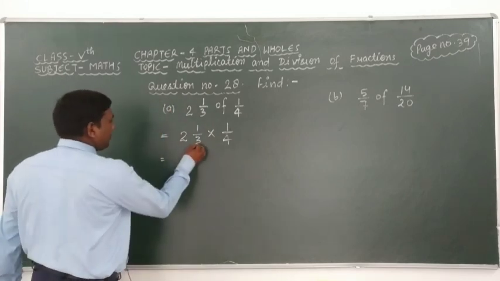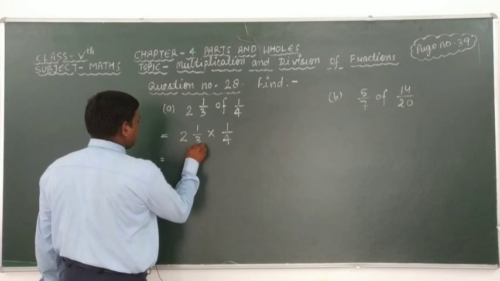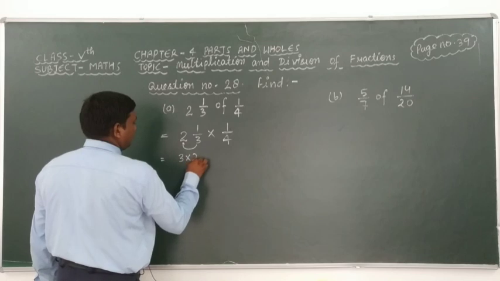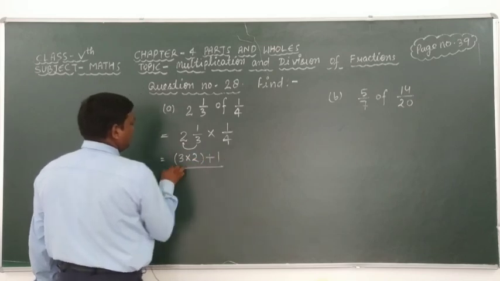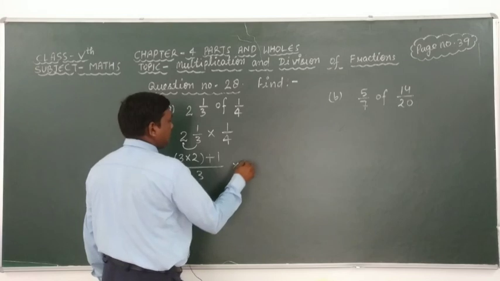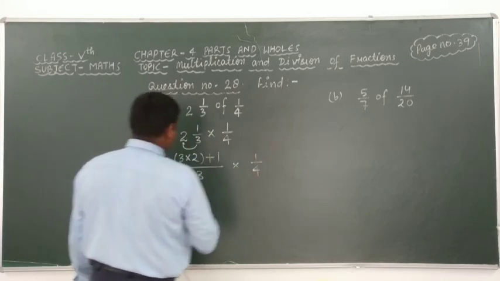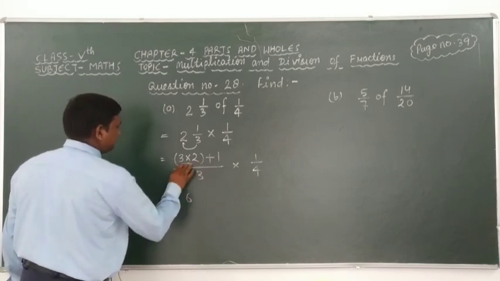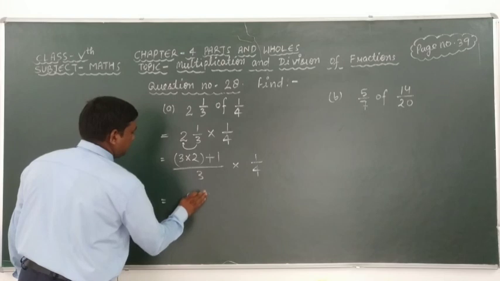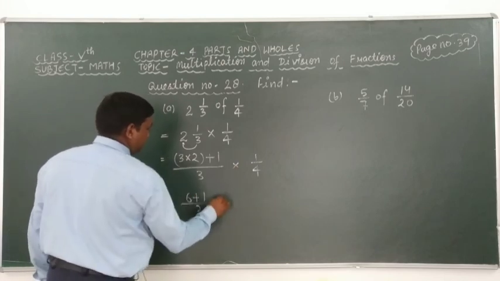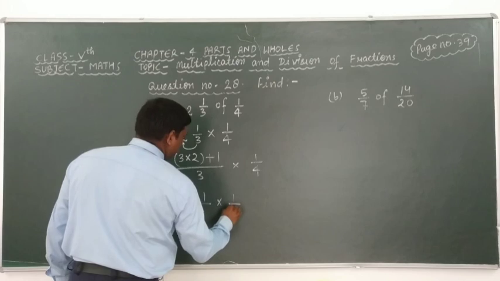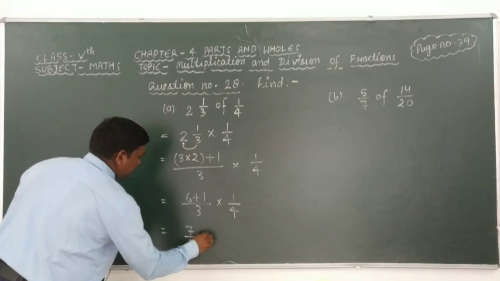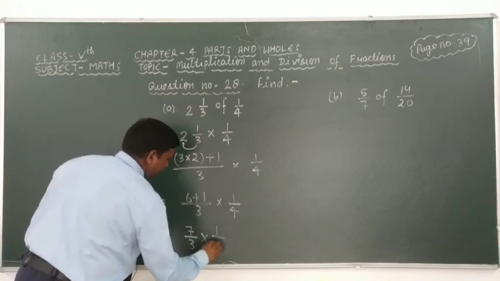Look here carefully. Firstly we have to take the multiplication of 3 and 2, then add 1 over 3 multiplied by 1 over 4. After multiplying we get 3 2s are 6 plus 1 over 3 into 1 by 4. 6 plus 1 is 7 over 3 multiplied by 1 over 4.